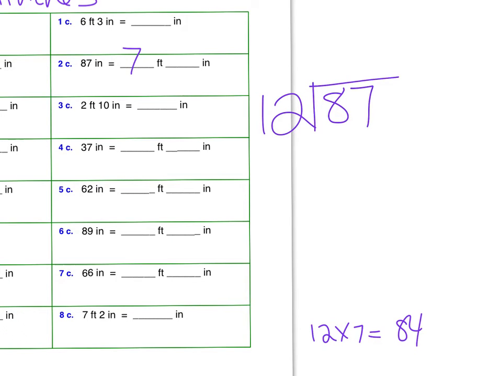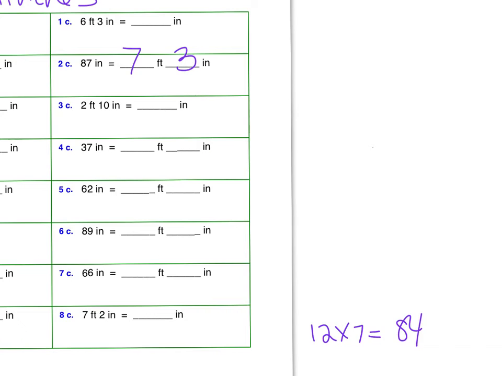But how many inches do I have? 12 times 7 is 84, and when I subtract, it turns out that I've got these 3 extra inches. If you recall, this was inches. So when I took out the 84 inches to make 7 feet, I had 3 inches left over. So there you go. It's 7 feet 3 inches. Can't do that on a calculator because a calculator is going to give you a decimal answer. It's not going to give you a remainder.